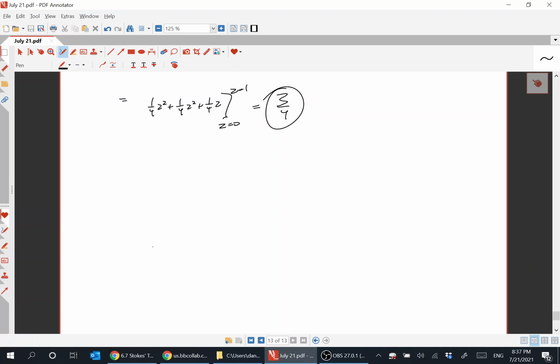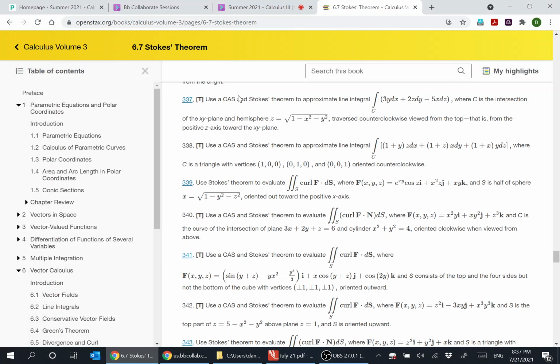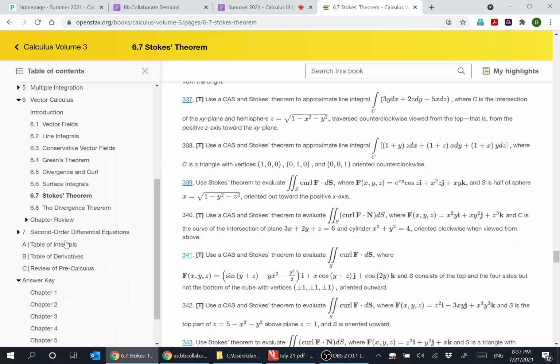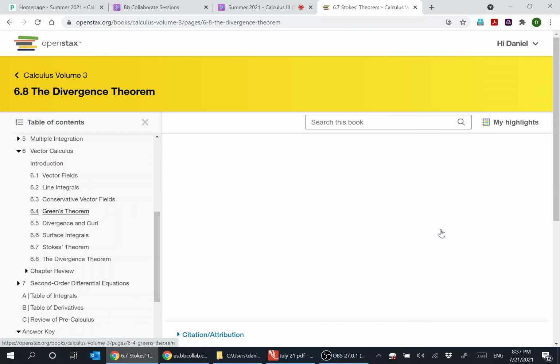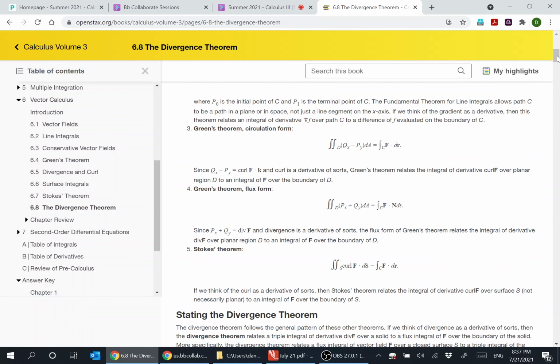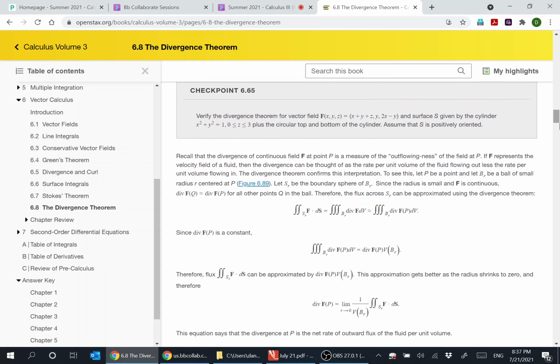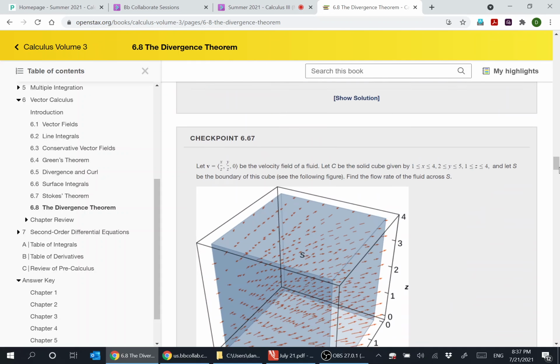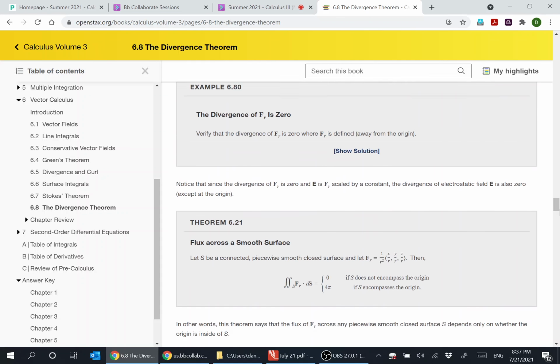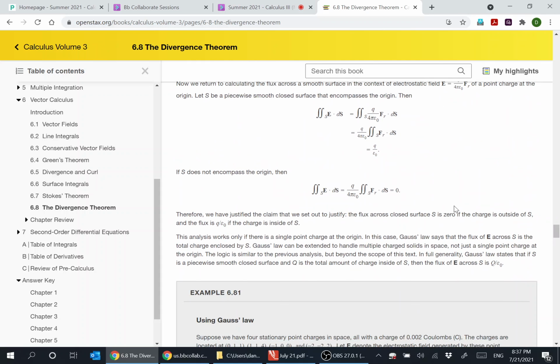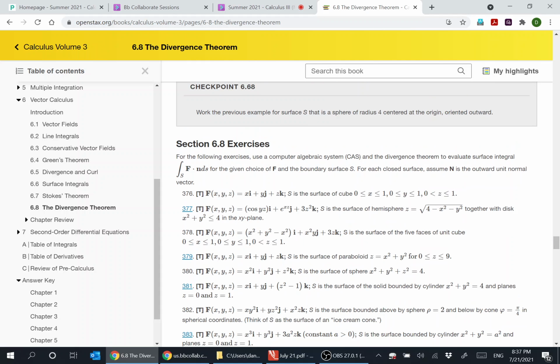Okay, so how about like 378? Divergence theorem. F of x, y, z is equal to this.